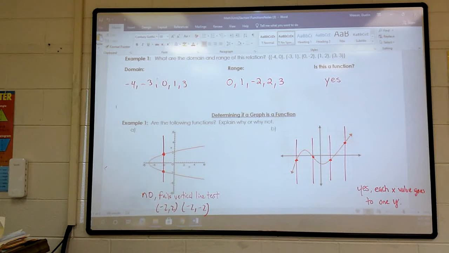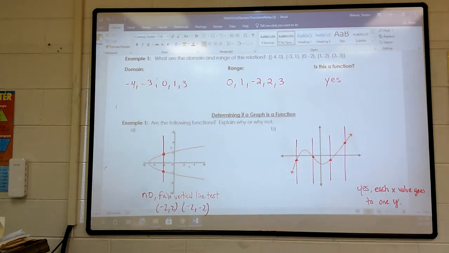You don't have any spots where it is repeating. Okay, the x's do not repeat in that case. So each x goes with 1 y in part B. So you should see why A is not a function and why B is a function when you look at the graph.